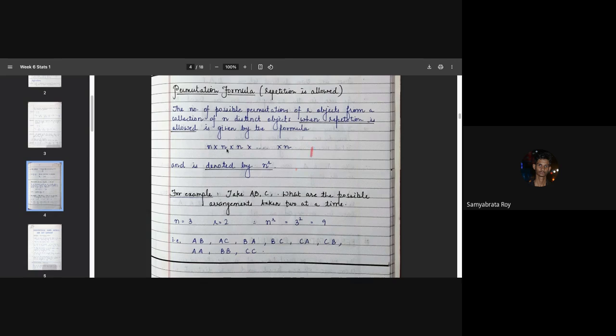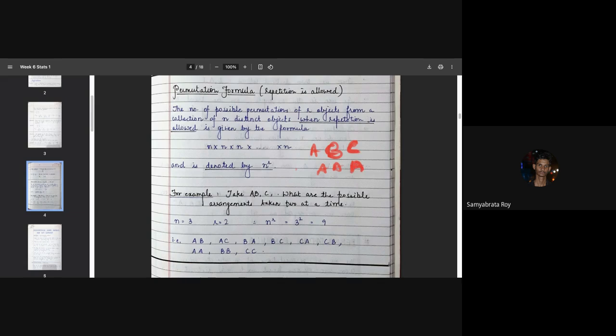I have three persons. Among them, I have to choose a chairperson and a vice chairperson. How many combinations could be made? A and A could be done, which wasn't allowed.